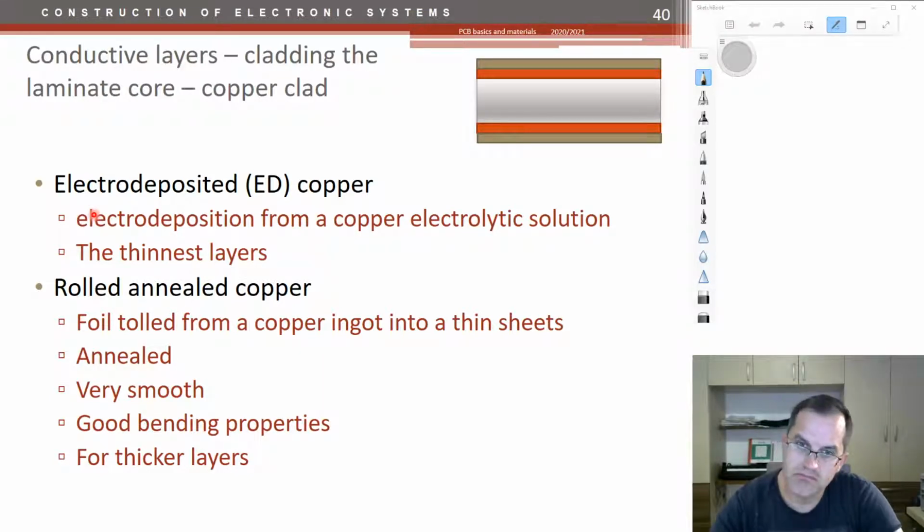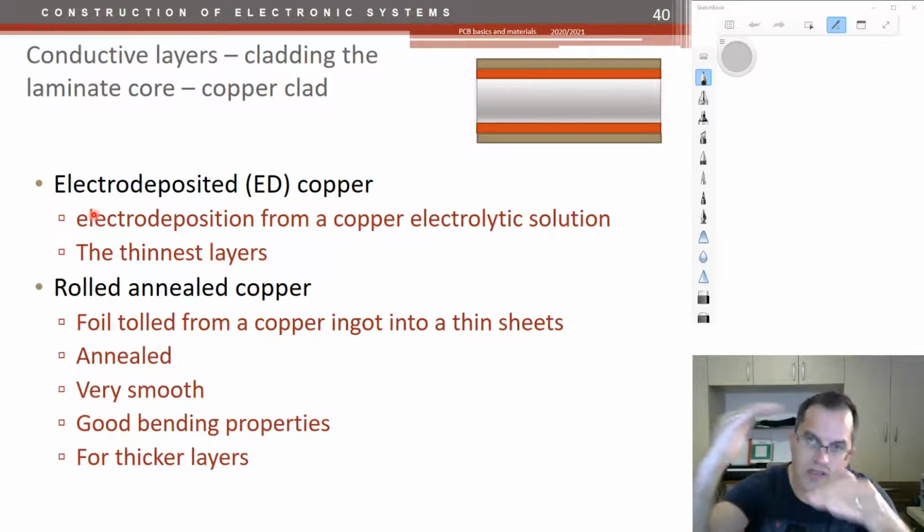It is much smoother, and you can make thicker layers. So a PCB is usually a combination of both, because some of the copper is electrodeposited and the base copper comes from the foil that is stuck to the surface.